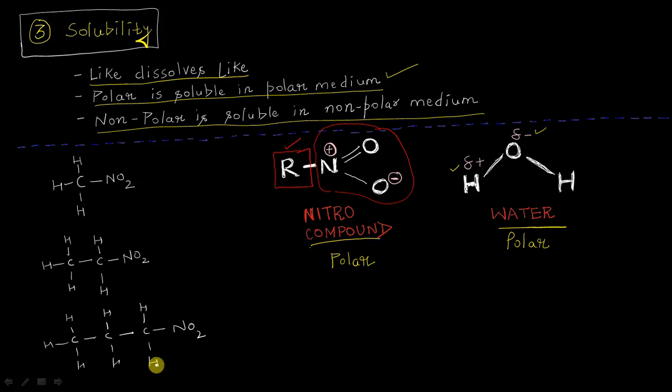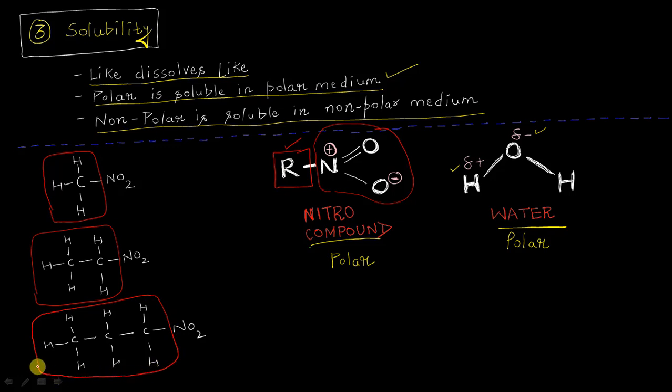So now if you compare these 3 nitro compounds, in the first case, this is our R group here attached to the nitro part. And in the second molecule, this is the R group here. And here is the third R group in the third molecule of nitro compound.